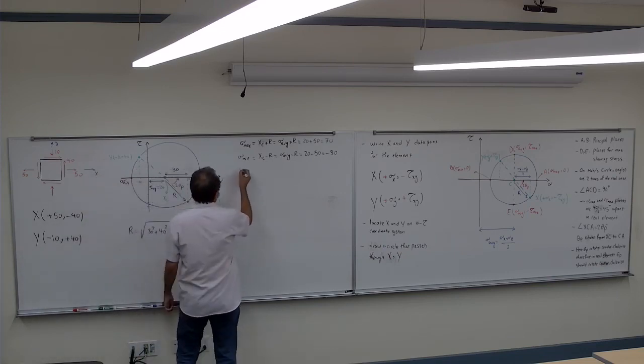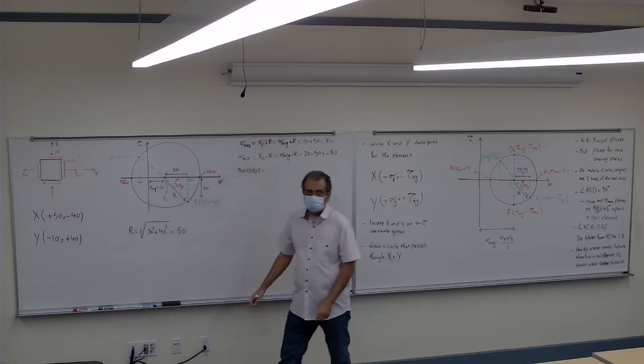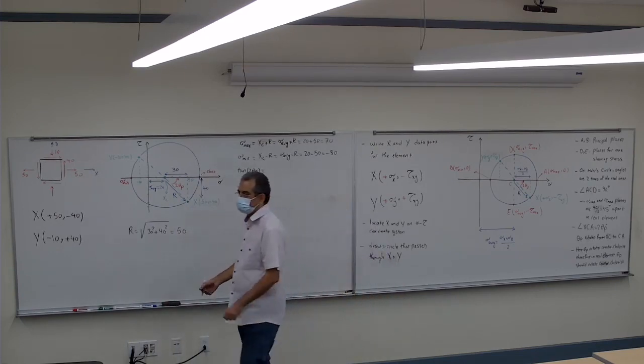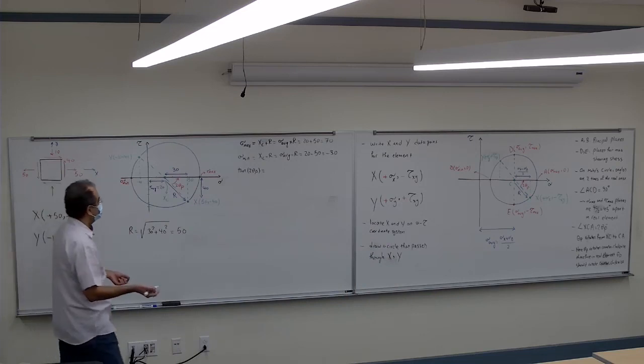So I'm going to calculate the 2 theta p. What's the tangent of 2 theta p? 40 over 30.